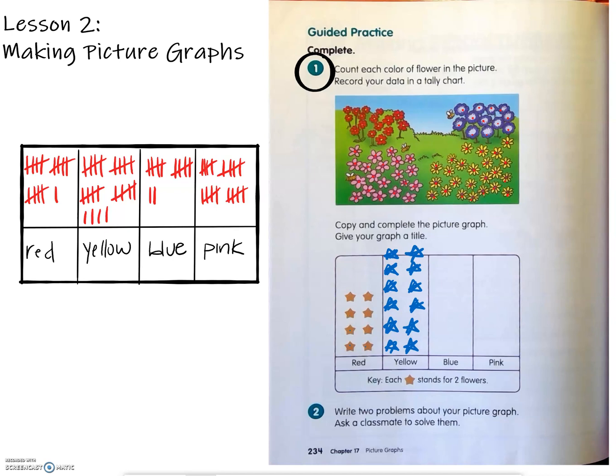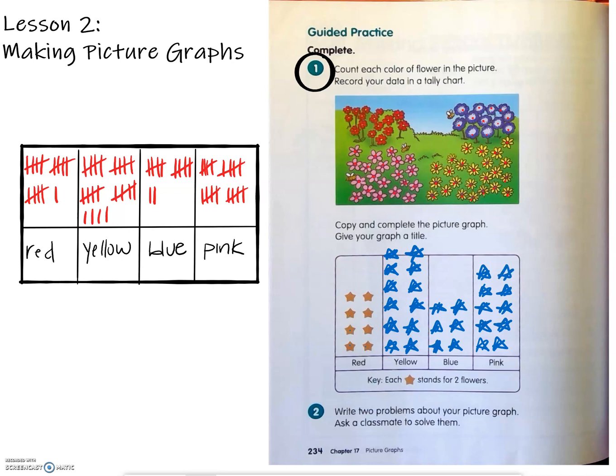Blue has 12. 2, 4, 6, 8, 10, 12. And pink has 20. 2, 4, 6, 8, 10, 12, 14, 16, 18, 20.